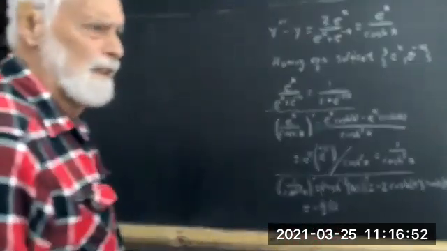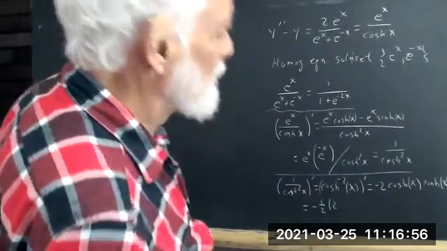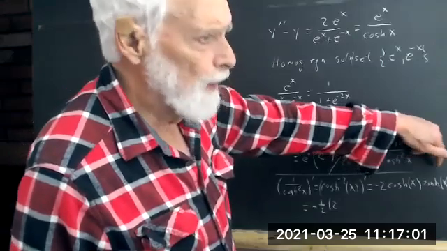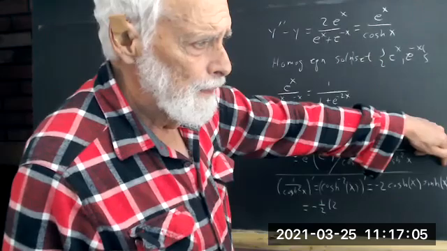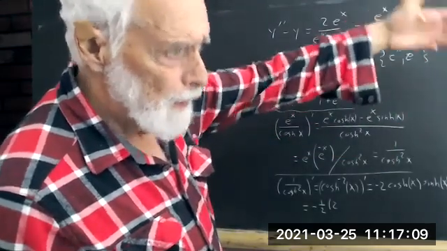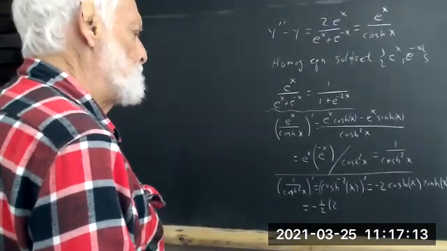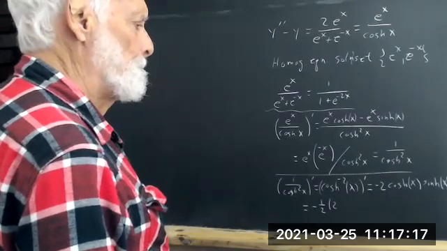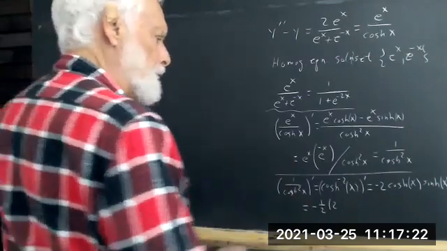Doing it in my head, it's going to be e to the x plus e to the negative x times e to the x minus e to the negative x, which is going to be e to the 2x minus e to the negative 2x, which is pretty convenient. Then you've got the factor of 2 in the denominator.